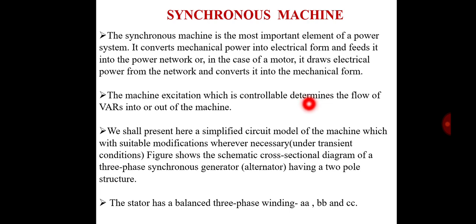Now we see how the excitation of a synchronous machine is controllable. A DC machine works as an exciter. In the exciter's field, we connect a variable rheostat in series. When we vary the value of the rheostat, the field current is varied and the excitation of the synchronous machine also varies.